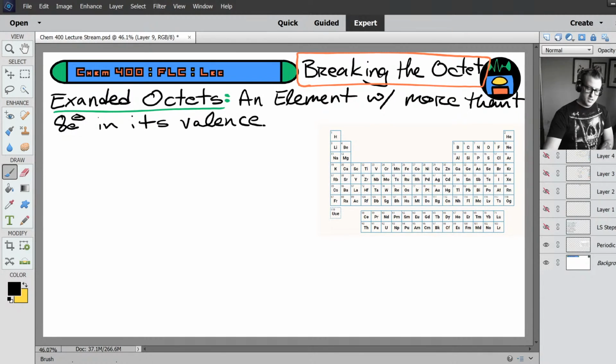Now, if you're wondering which elements are allowed to have more than 8 electrons in their valence, the answer might shock you.